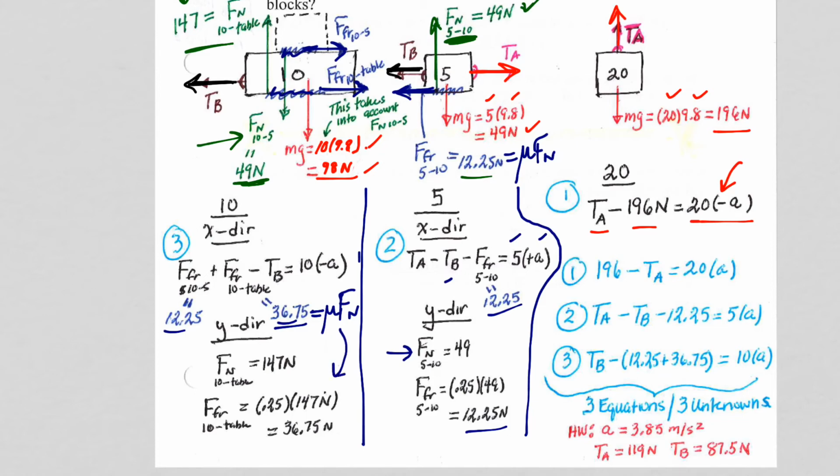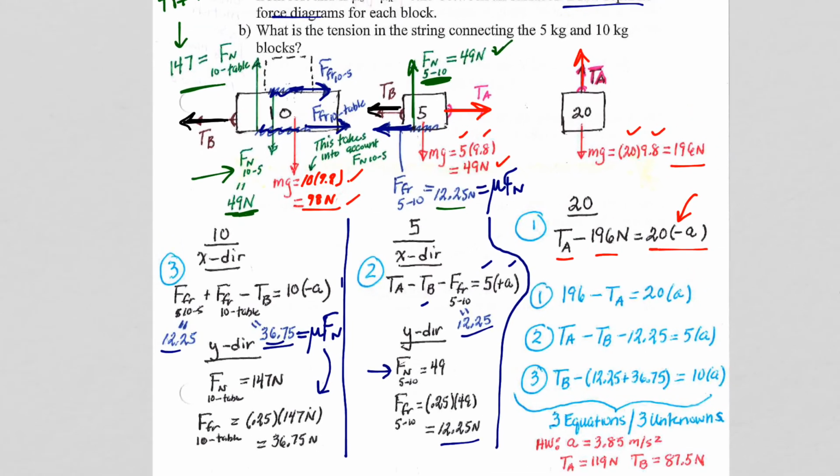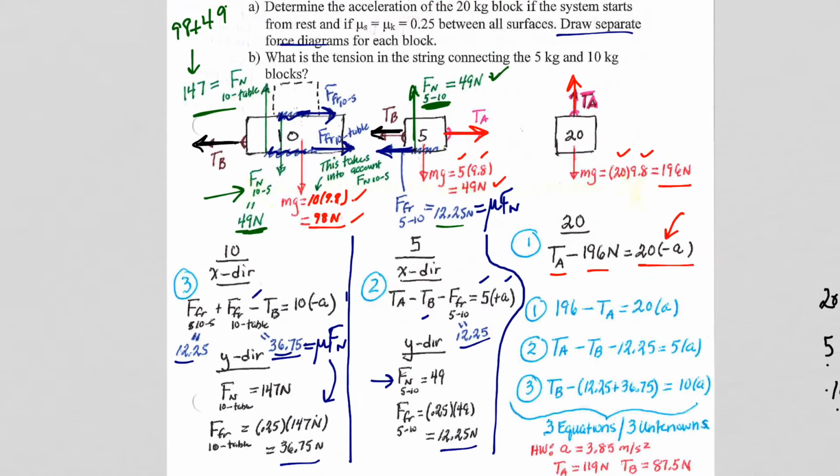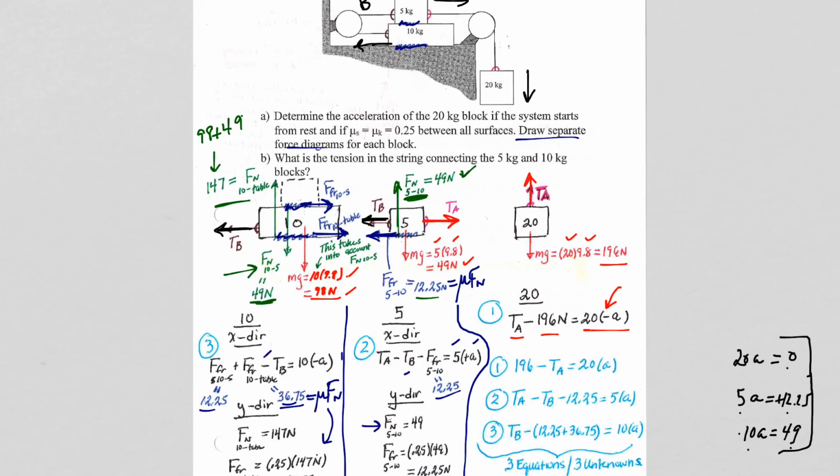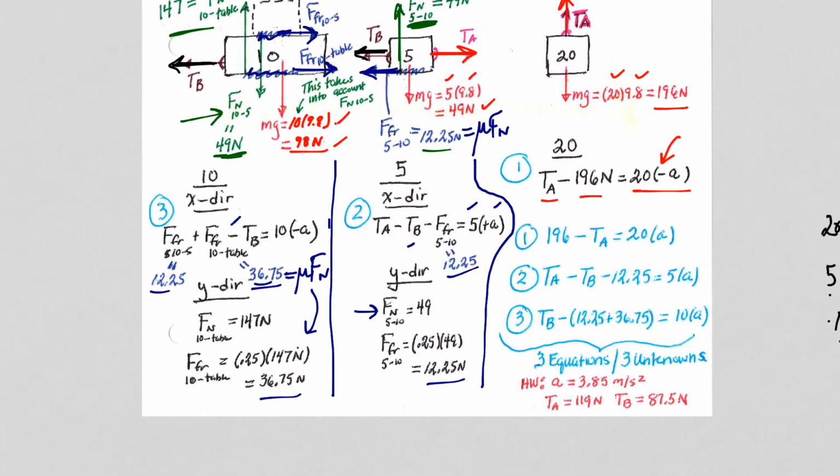The force normal, remember, is the 147 between the table and block 10, so that's where we get the 36.75 from. And we have the tension in the string to the left, so that's why that's negative. And remember, we said without friction, the 10 kilogram block also moves to the left, so that's why the acceleration is negative.